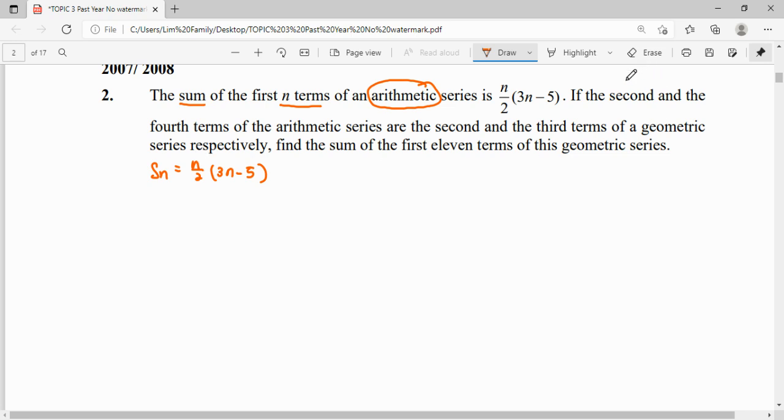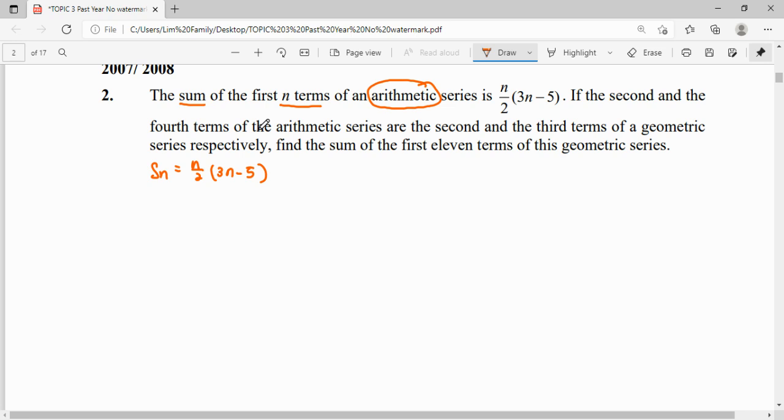Then continue. If the second and fourth terms of the arithmetic series are the second and the third terms of a geometric series respectively, so they're going to mix around the information here.